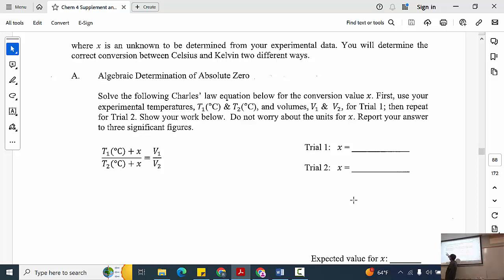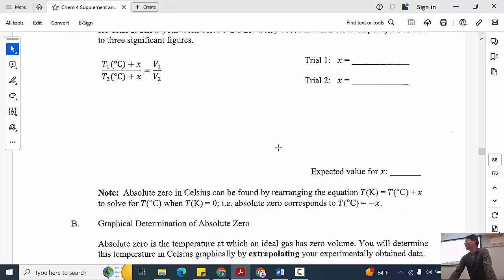So we know what the temperature in Celsius is, we know what the volume is, and this is the hot, this is the cold, and then solve this equation for x using some algebra. And then we'll get it for trial 1, show one representative calculation here, and then repeat the calculation for trial 2. And hopefully both of these come out to 273 or 273.15, which would be more precise.